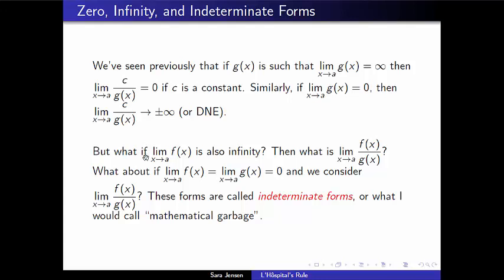Things get even more complicated when we don't have a constant in the numerator. Things get more complicated when I have maybe two functions, both of which are going towards infinity around a specific value, or both of which are approaching 0 as we approach a specific value. The way to properly think about limits in that situation is, what's happening as I approach a value if my numerator is very large, but my denominator is also very large?